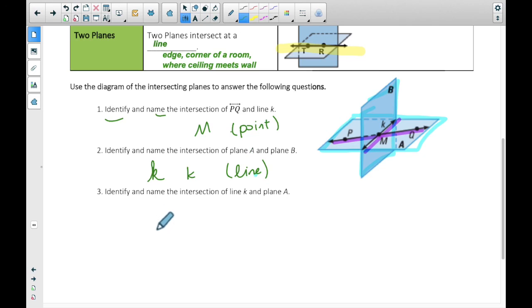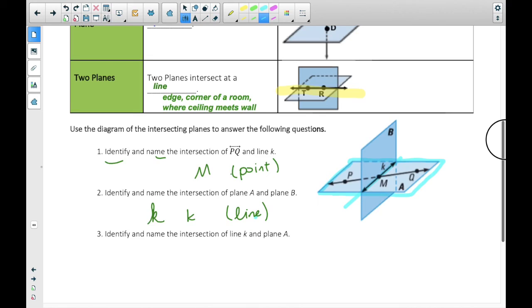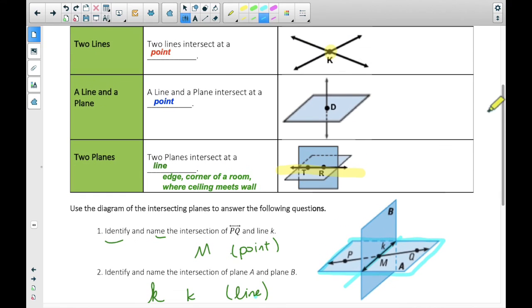All right, last one. Identify and name the intersection of line K and plane A. Well, once again, here's plane A, and here is line K. Now, I guess that's a little bit of a contradiction, because up here we said a line and a plane intersect at a single point.